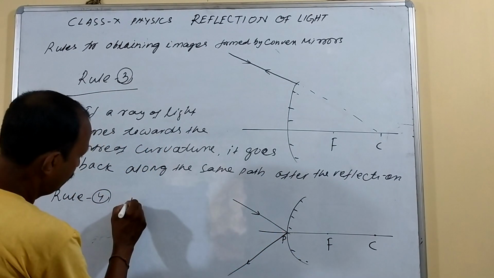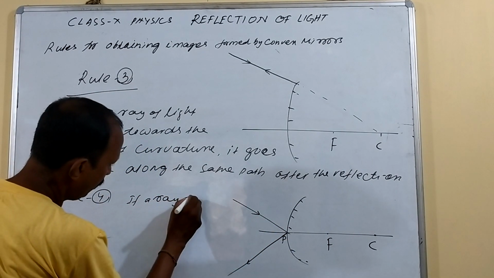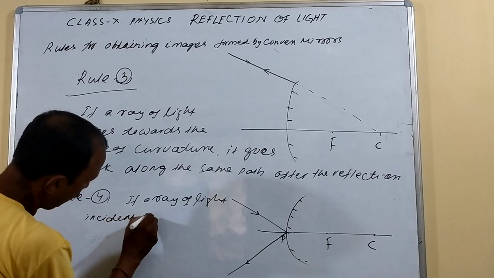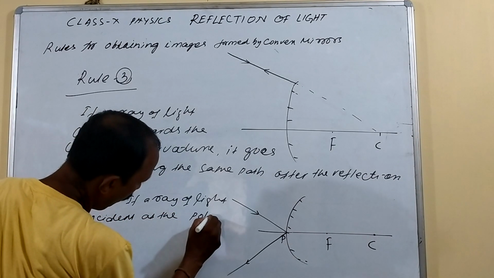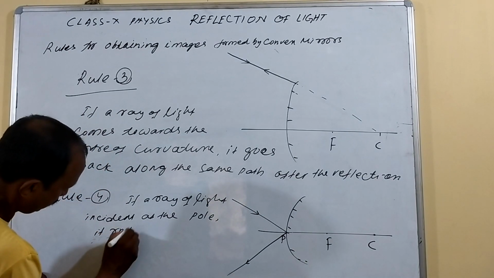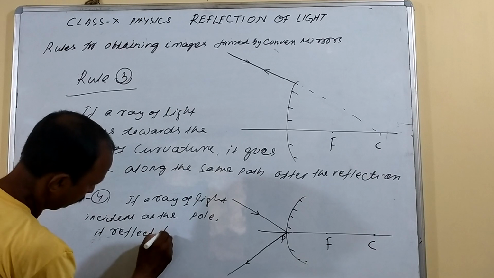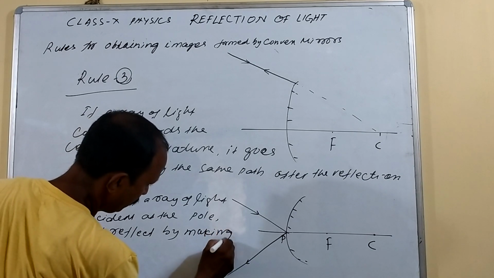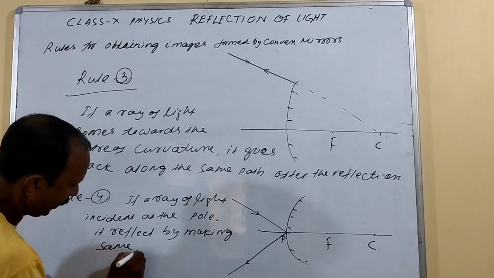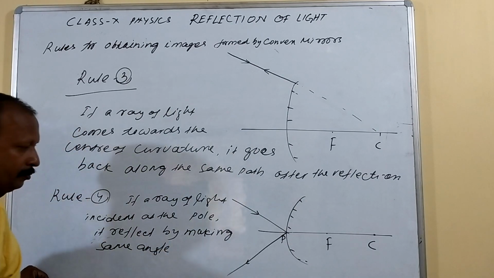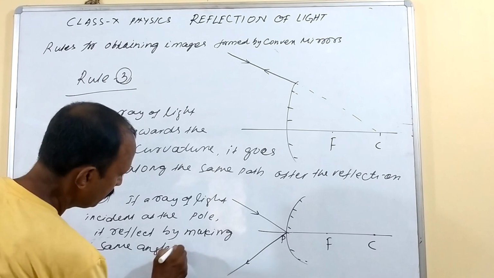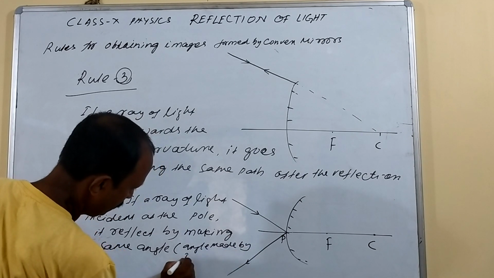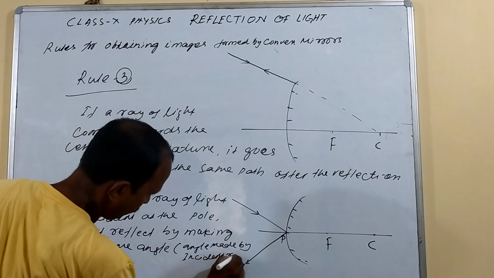So I can say that if a ray of light is incident at the pole, it reflects by making the same angle, that means the angle made by the incident ray.